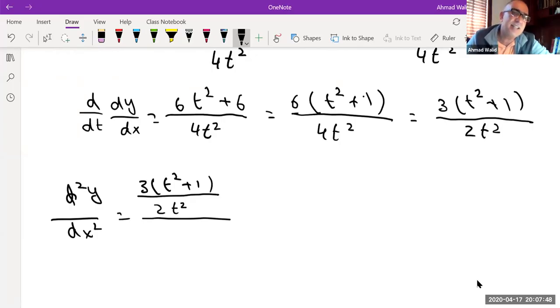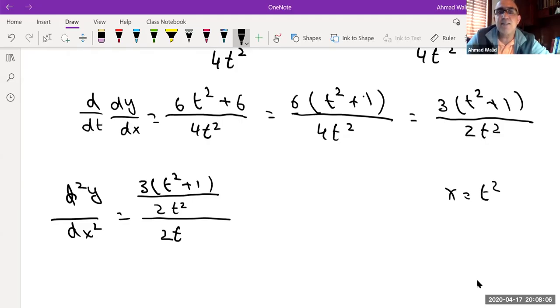What is dx/dt? How much is dx/dt? Your dx/dt is 2t because you have x equals t squared, right? Then dx/dt will be 2t.